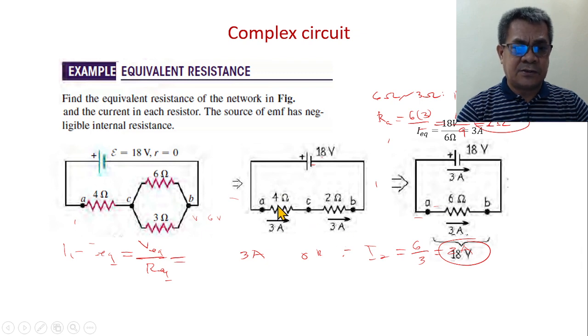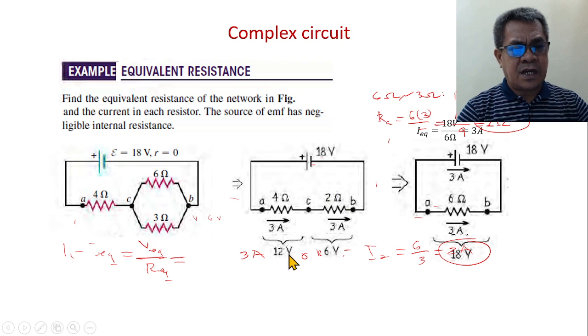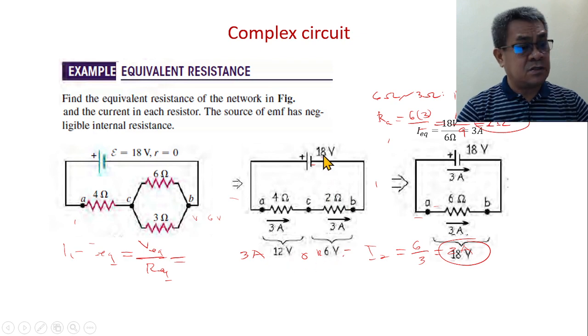So since we have these, then voltage can be calculated. We can calculate this as 12 volts if we multiply 3 by 4, Ohm's law, and this is also Ohm's law, 6 volts, and the sum is 18. So, verified as true. Now, this is 6 volts.